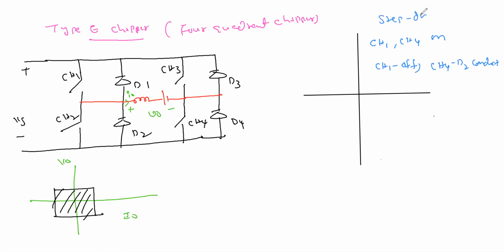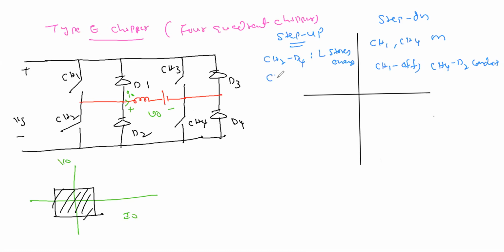We already discussed first quadrant one, and this is second quadrant, step up. इसके लिए CH2 D4, then L stores energy. CH2 on कर दिया तो इसकी energy, this is how.